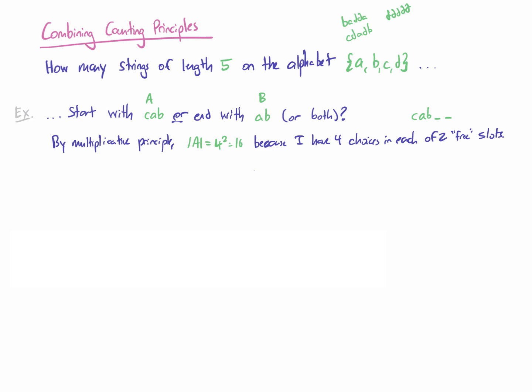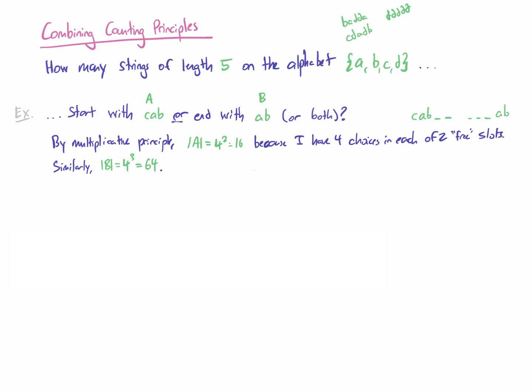For B, I need things to end with AB, and I have 3 open slots before. I can do the same kind of reasoning. Similarly, the size of B is equal to 4 cubed, which is 64.